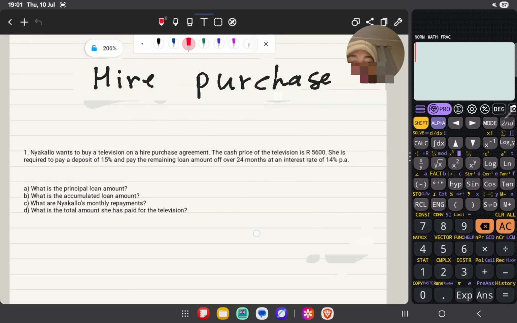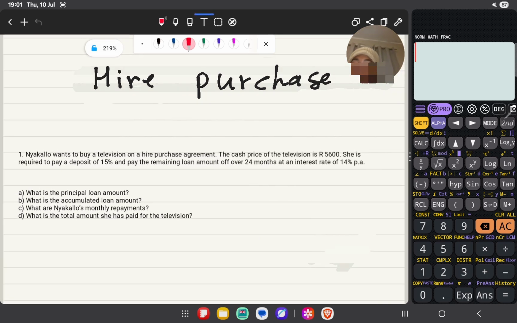We have a beautiful example here about Nyakallo. Nyakallo wants to buy a television on a hire purchase agreement. The cash price of the television is 5,600.